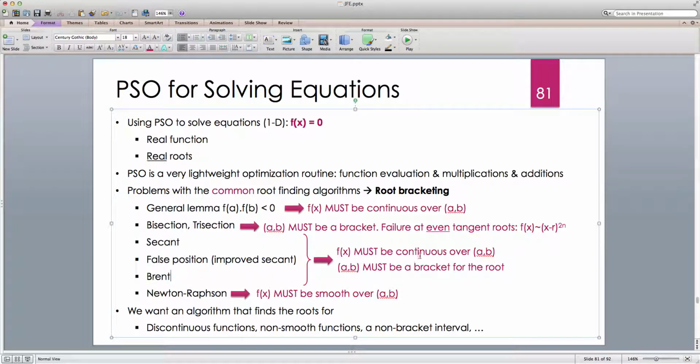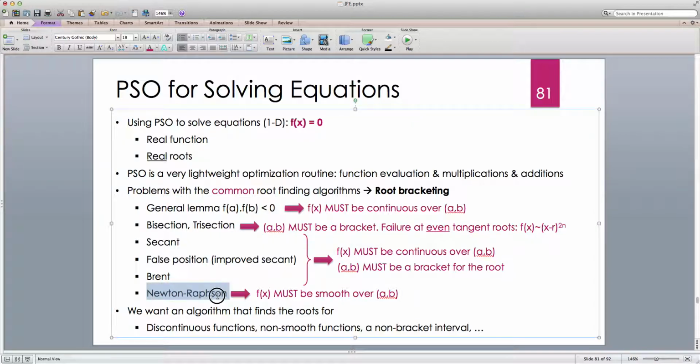So having the continuity of the function was a problem, and knowing that the original search interval is a bracket. By bracket we try to apply the general lemma, and that only guarantees the existence of a root when the function is continuous.